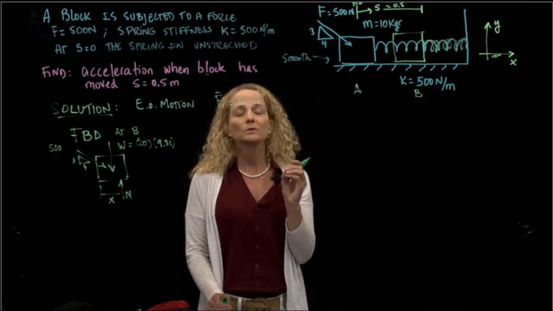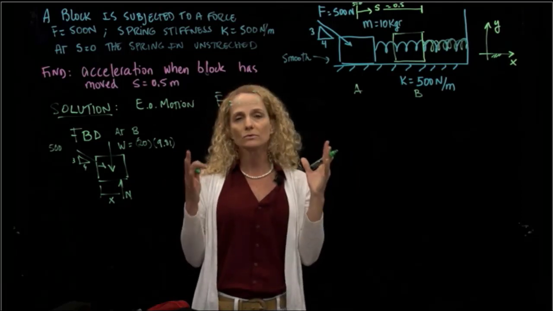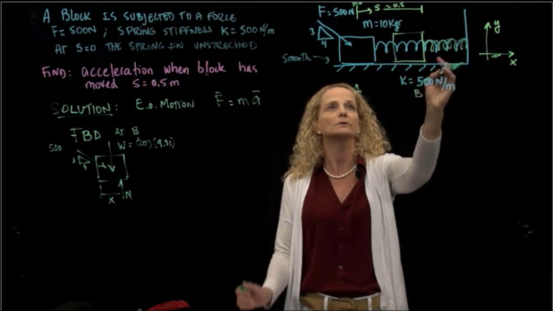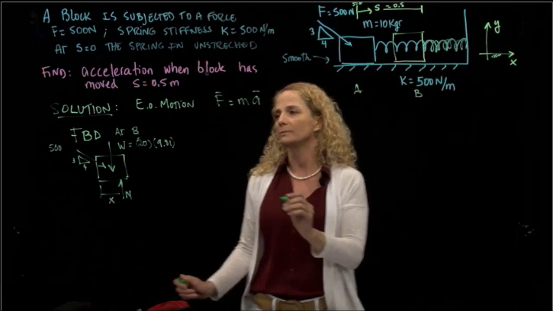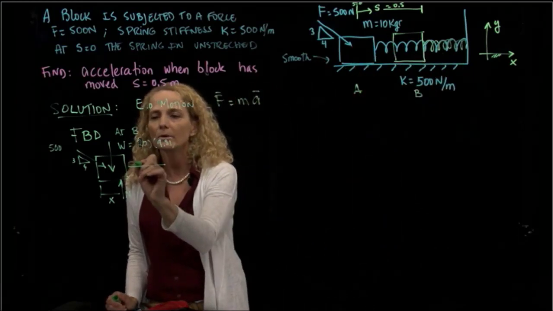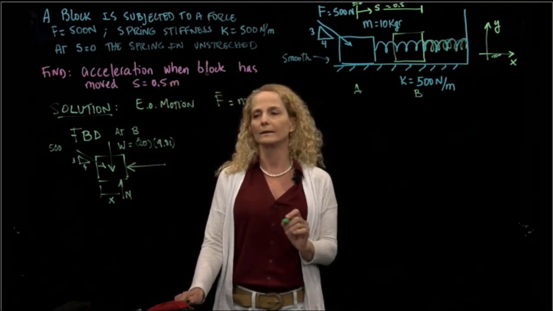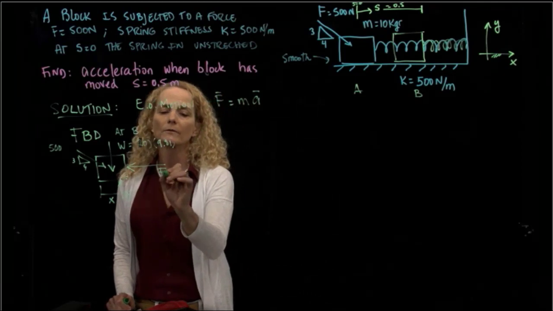So the spring wants to go back to the unstretched position. So the spring is pushing the block in that direction to go back to the initial position. So it's very important to have the spring force correctly.